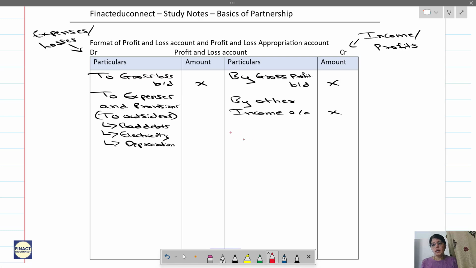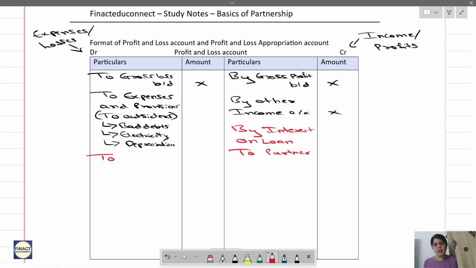Whenever the loan is given to the partner, interest on loan to partner is an income, correct? So what will be the transfer entry for that? Interest on loan to partner account debit to profit and loss. So by interest on loan to partner, this is important, this is to partner. Whereas here what will you have?